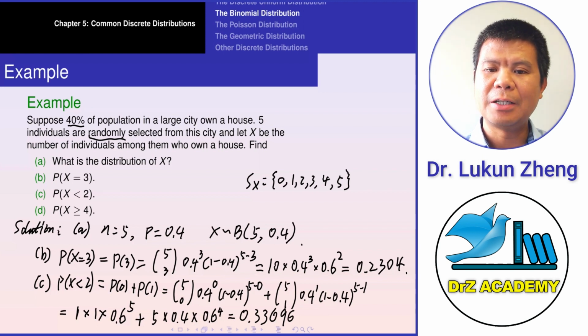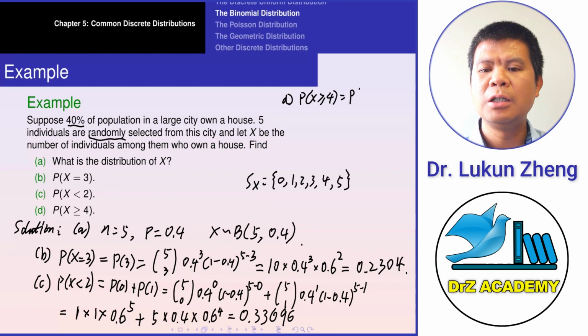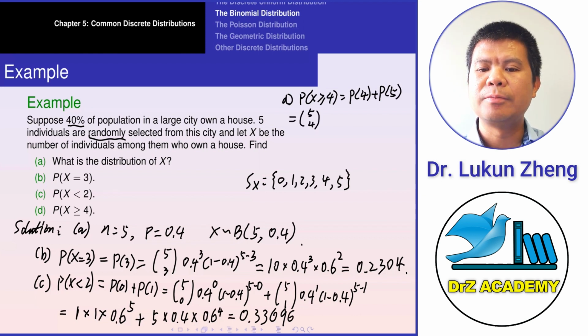Okay, part D. I'm going to write here: probability for x greater than or equal to 4. So that's P of 4 plus P of 5. P of 4 is 5 choose 4 times 0.4 to the power 4, times 1 minus 0.4 raised to the power 5 minus 4.